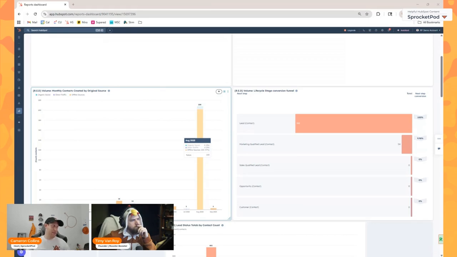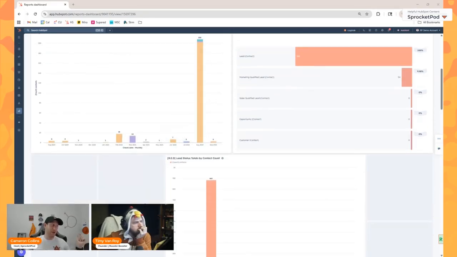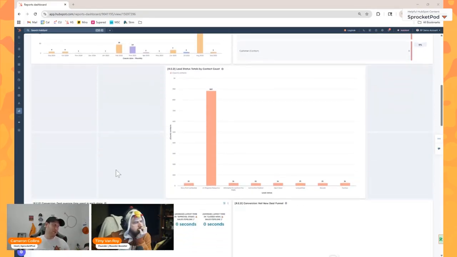So this helps me understand, hey, if I was looking at this portal, 97% of the contacts in August were an offline source, and we really don't have a way to drill into what that offline source is. So we need to start answering that question and setting up attribution bucketing pretty early in the process.